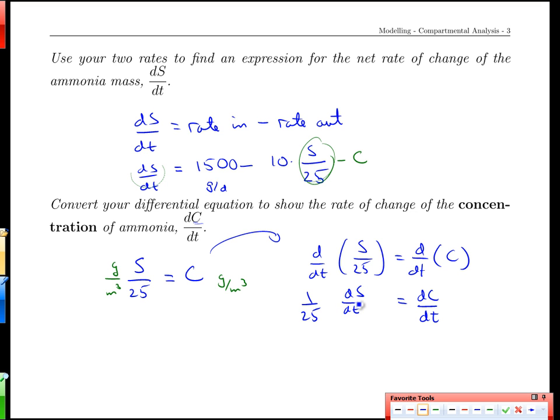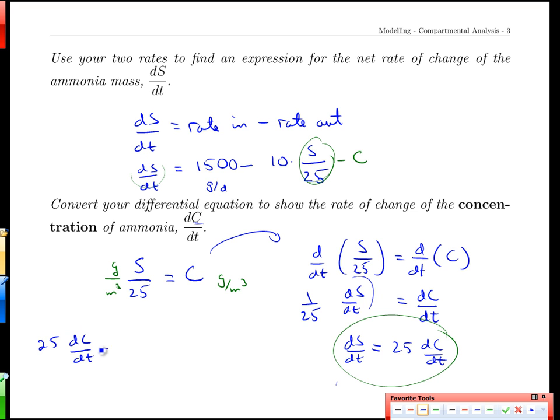And seeing as we have this in our equation, we can write it out as ds dt equals 25 dc dt.